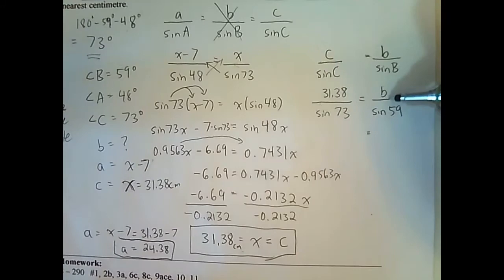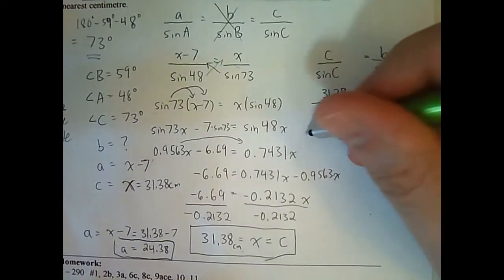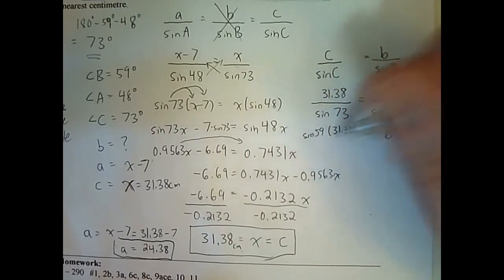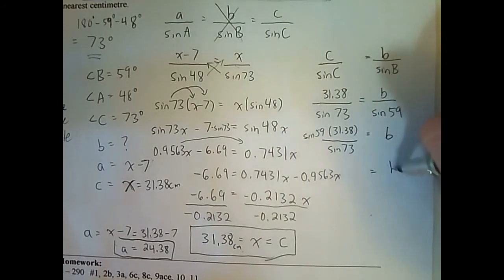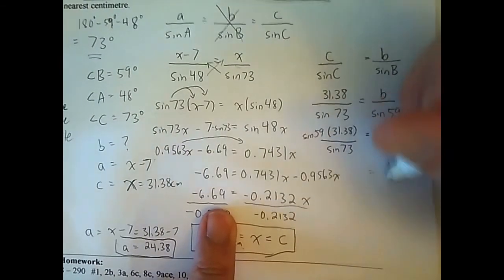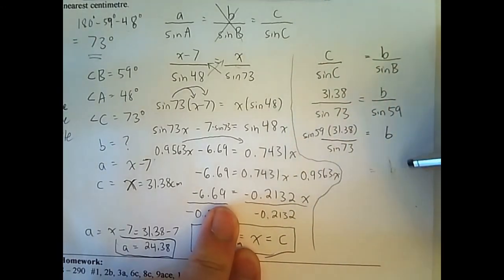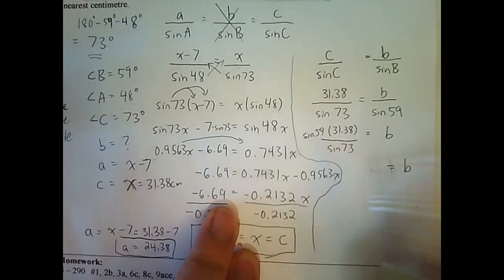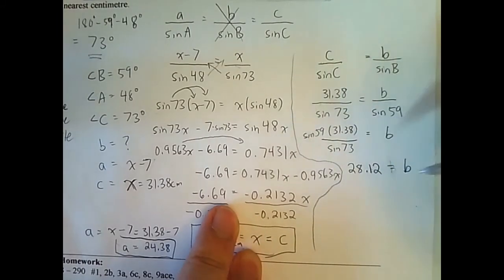So now to get the B by itself, I'm going to multiply both sides by this denominator, so that we get sine 59 times 31.38 over sine 73. And I know I should be lining these up, but I'm running out of space. So if I multiply this and divide by this, I should get a value of 28.12 for the side length of B.